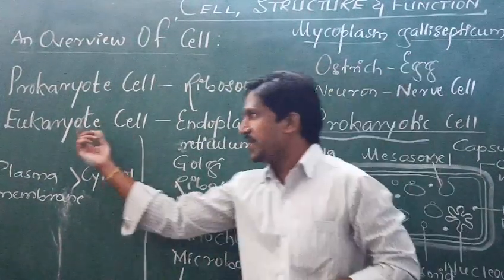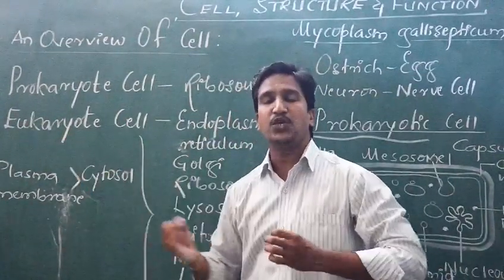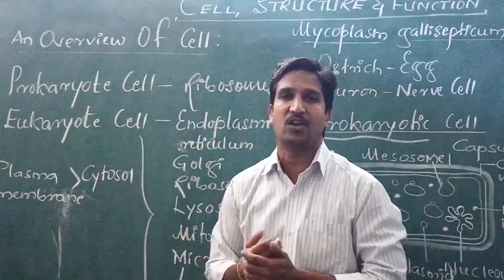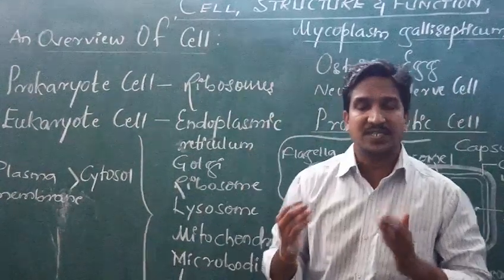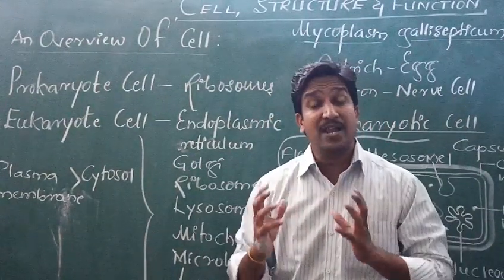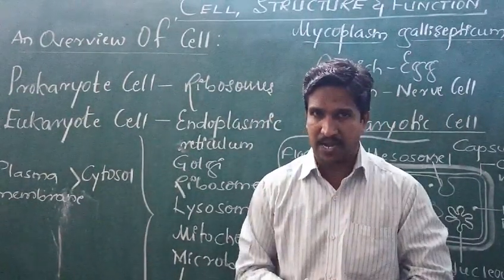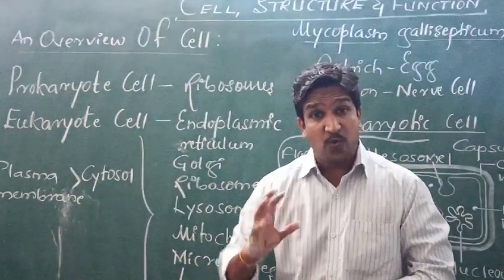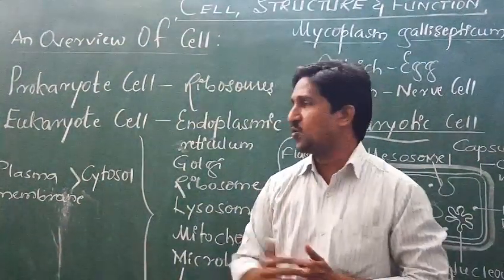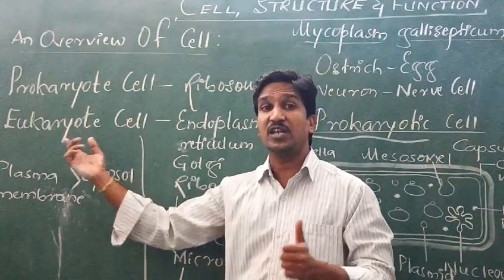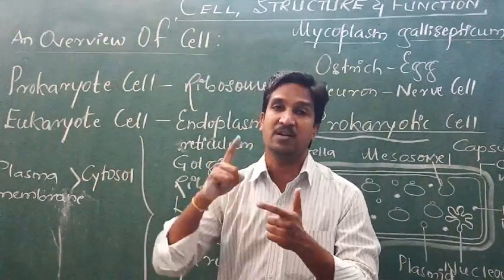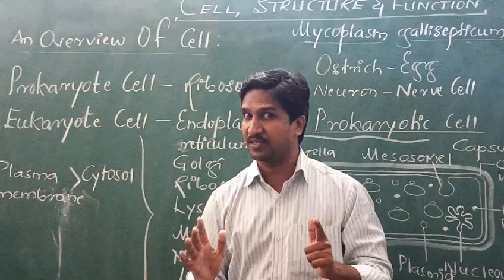Another type of cell is called a eukaryotic cell: the cell with a well-developed nuclear membrane. This eukaryotic cell also contains a cell membrane, or plasma membrane; these are common things.